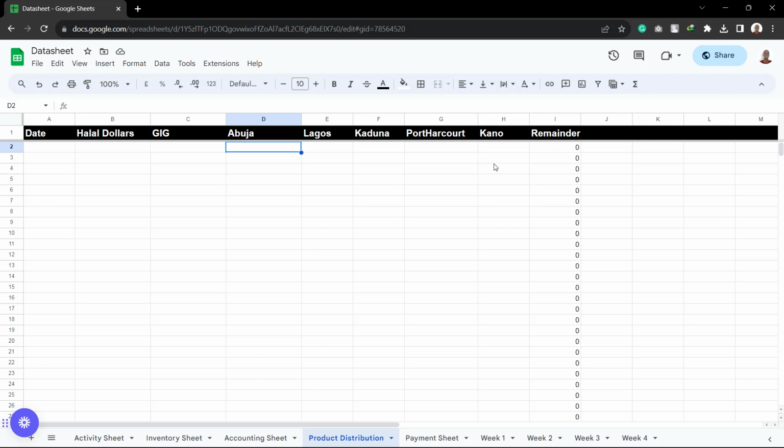Whenever you request that products be sent to those states, this is the place you record. So you two will be able to keep track. We will be keeping track on our end, but you should also be able to keep track, so we are always in sync whenever we need to make any clarifications. That applies to Lagos, Kaduna, Port Harcourt, and also Kano.